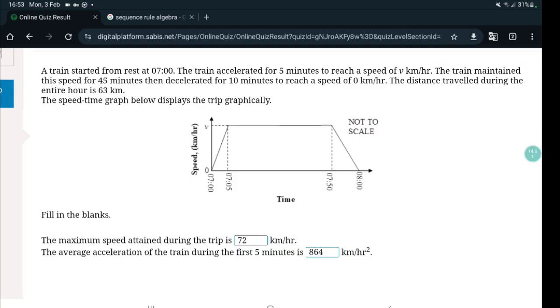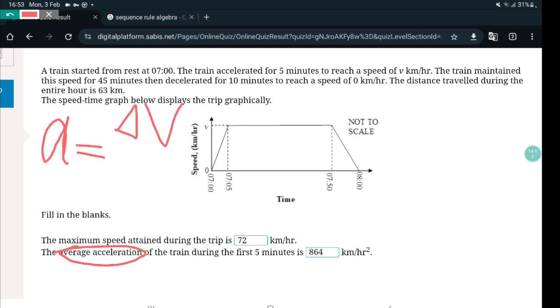To start, we know that the rule for acceleration, which is what they need, is going to be delta V over the difference in time, delta T. And they want it during the first 5 minutes, so it's from the start till the first 5 minutes. And for V at this point, we found it. It's 72.